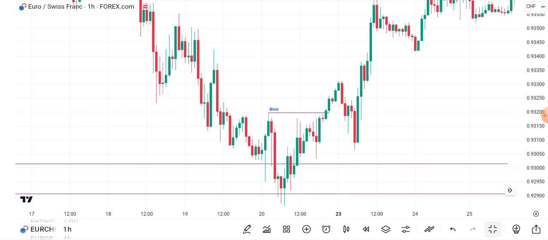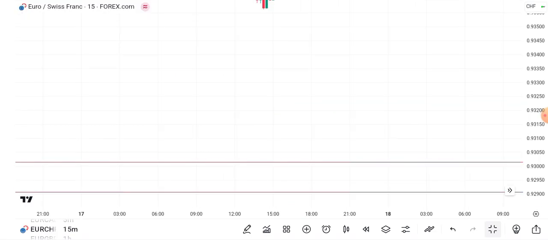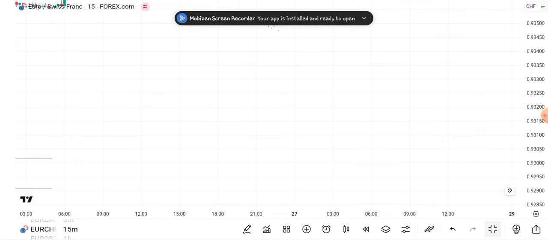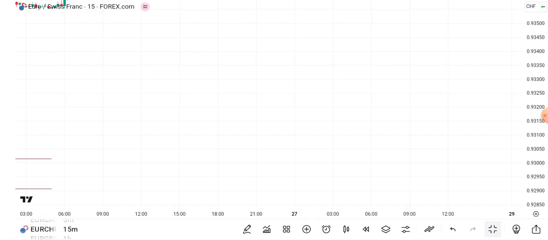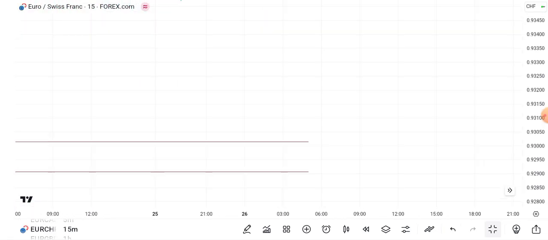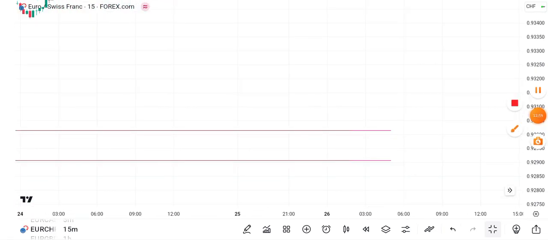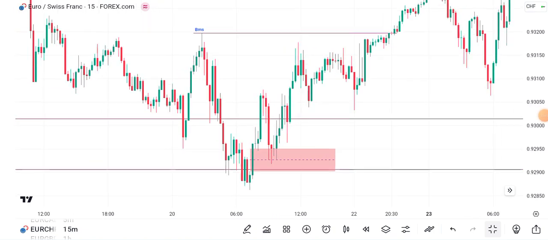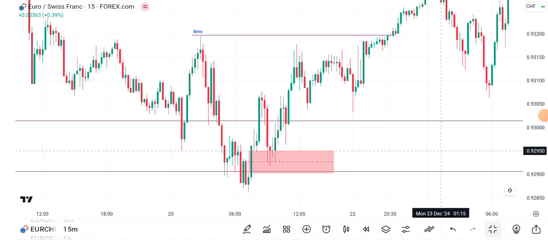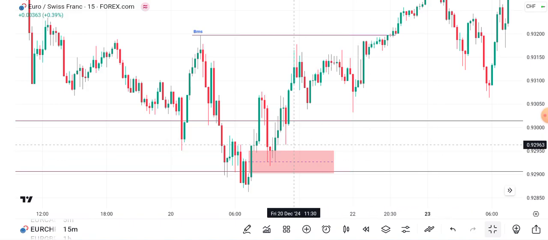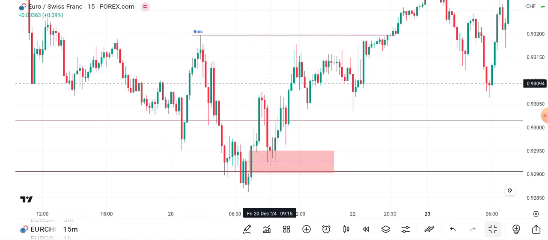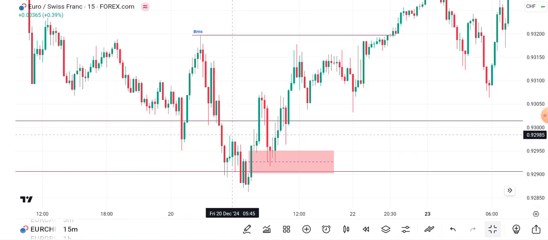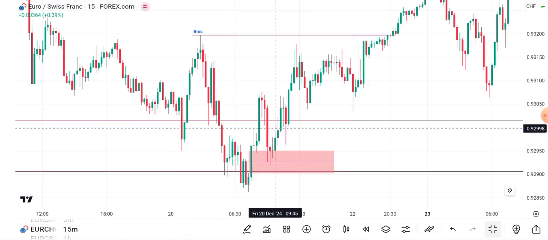Now let's head on to the 15-minute time frame. Yeah, this is the 15-minute time frame. What can we see? We can in fact see that price made an impulsive move higher, breaking this high here, invalidating fair value gaps.